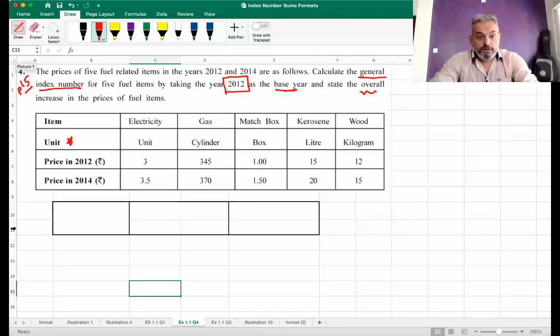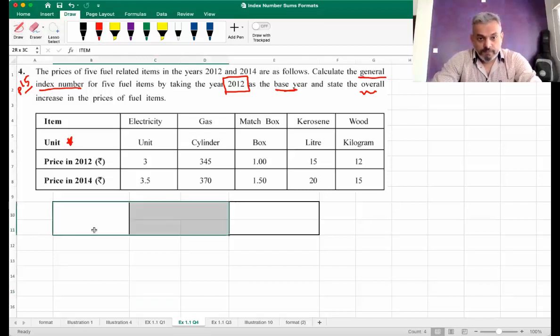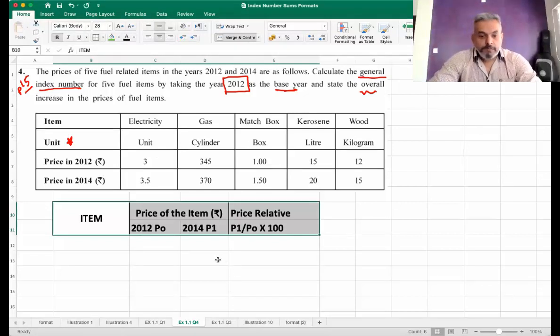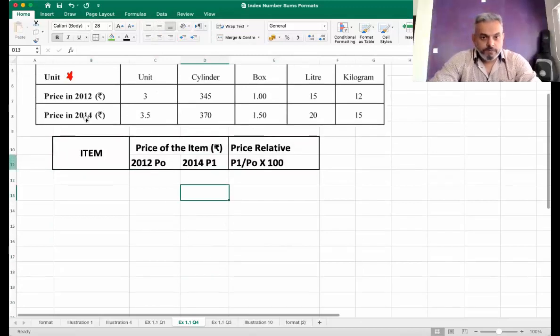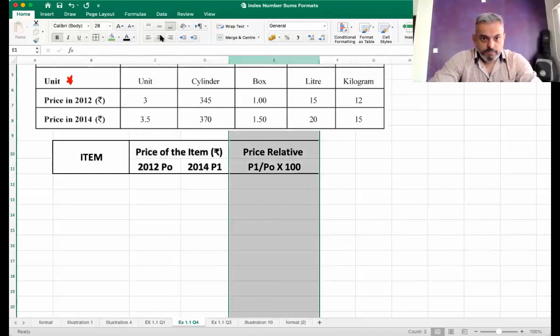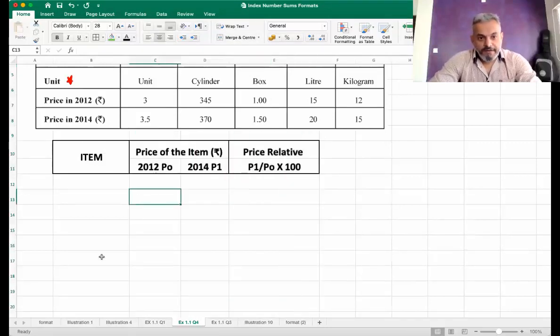Okay, so let's make a heading first. Now, you will have items.